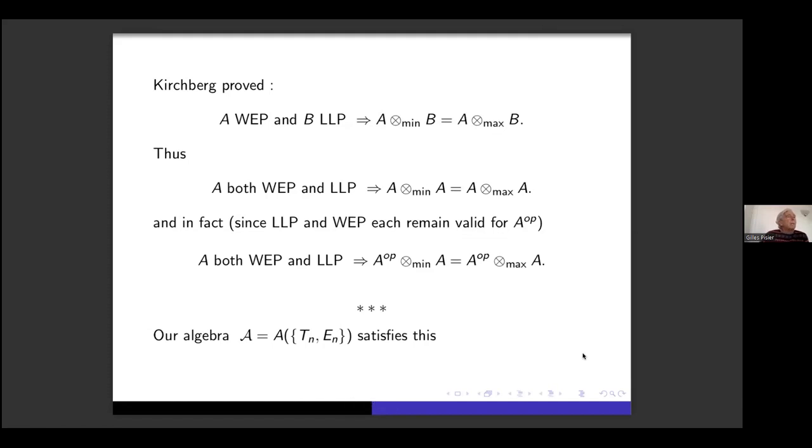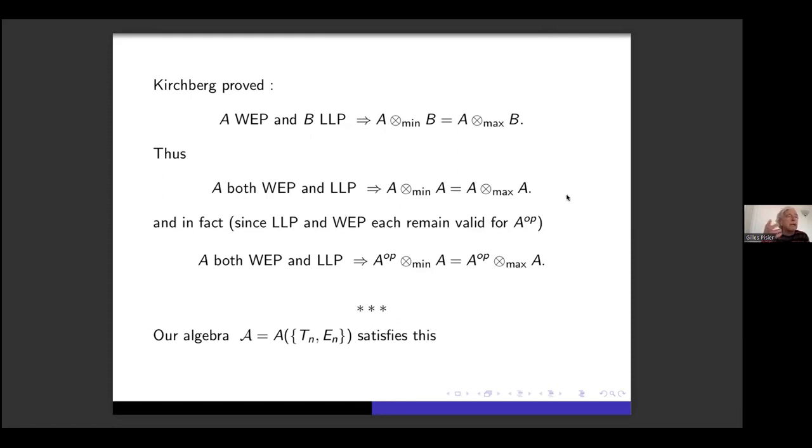Now, this we have already said, right? If A is WEP, B is LLP, then the pair AB is nuclear. We have this. So now suppose that it is the same algebra. So assume A is both WEP and LLP, then this implies from what we just said that A tensor A min is equal to A tensor A max.